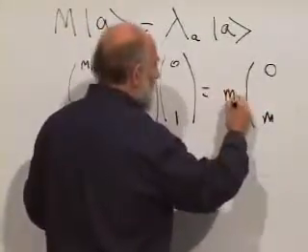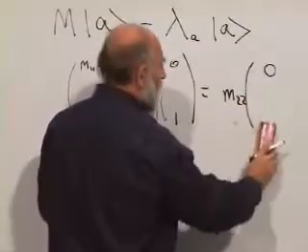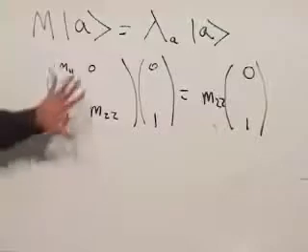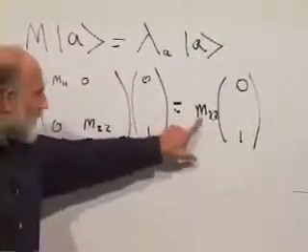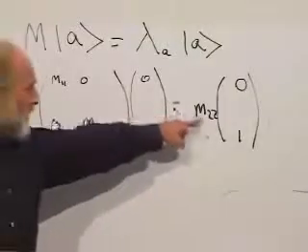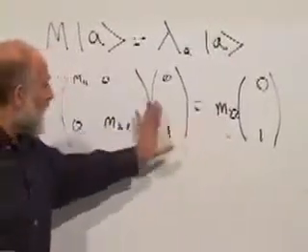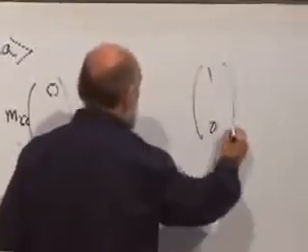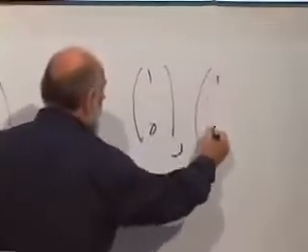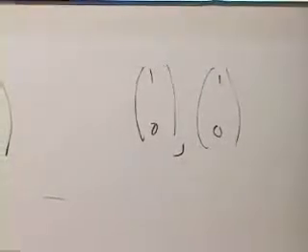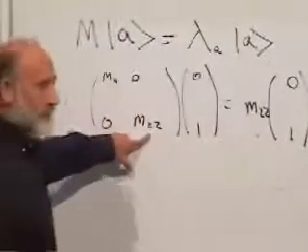And that's just m22 times (0, 1). So we found another eigenvector. Matrix times vector equals number times the same vector, and this time the eigenvalue is m22. So the two vectors (0, 1) and (1, 0) are both eigenvectors, but with two different eigenvalues, m11 and m22.